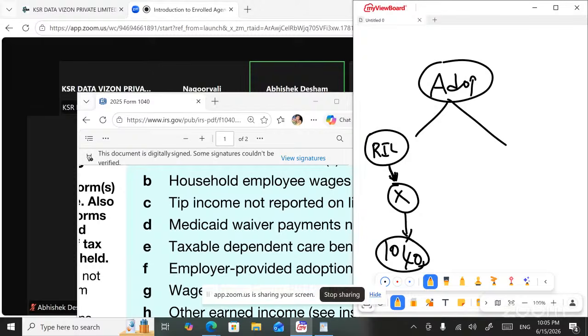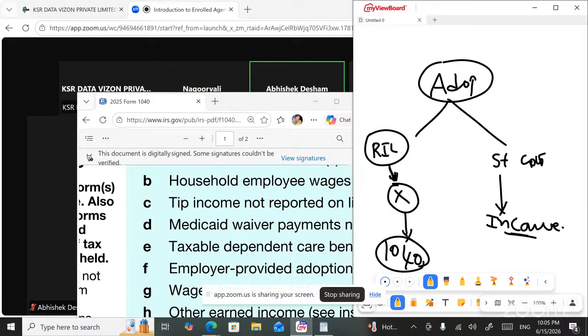And sometimes state governments are also giving monetary benefits to any person adopting any child. In that case, the amount received from the government is, no doubt, income to the taxpayer. First, it must be included under the head of income, any benefit received from the government.